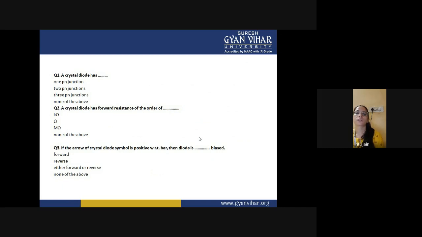It is a few milliamperes or microamperes. We will not consider this current, and the diode in reverse biasing behaves like an open switch. Open switch means that there is no current through the diode.